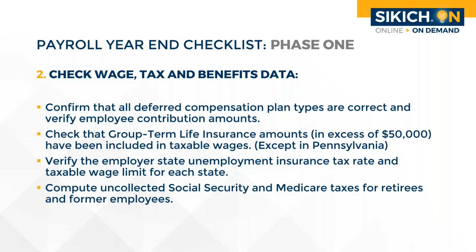Also, the taxable wage-based limits for each state vary from state to state and potentially can change year to year based upon changes in the legislation on a state-by-state basis. So you want to make sure that you go back, that you're looking at your unemployment, ensuring that your rates are correct, and then move forward.